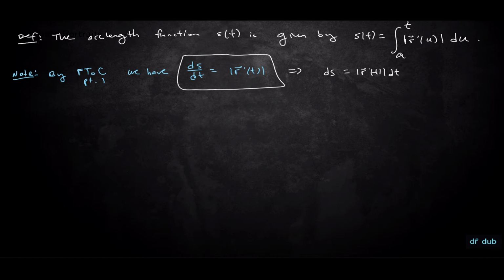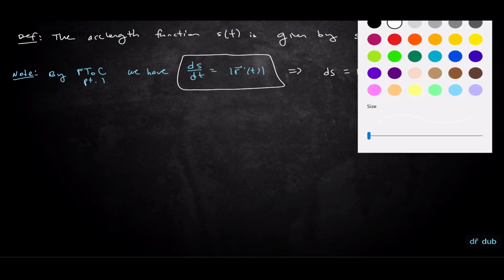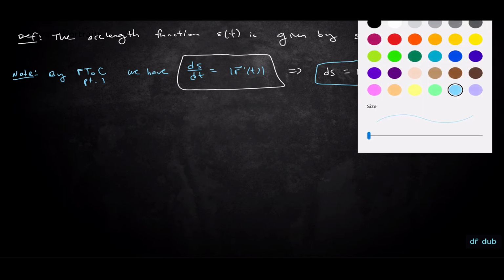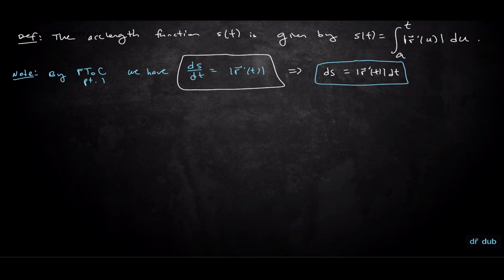That's also an extremely useful equation. We'll make use of it in vector calculus numerous times. So just keep these two stored in the back of your brain somewhere. They're core to the idea of arc length in the first place, so they're very, very important.